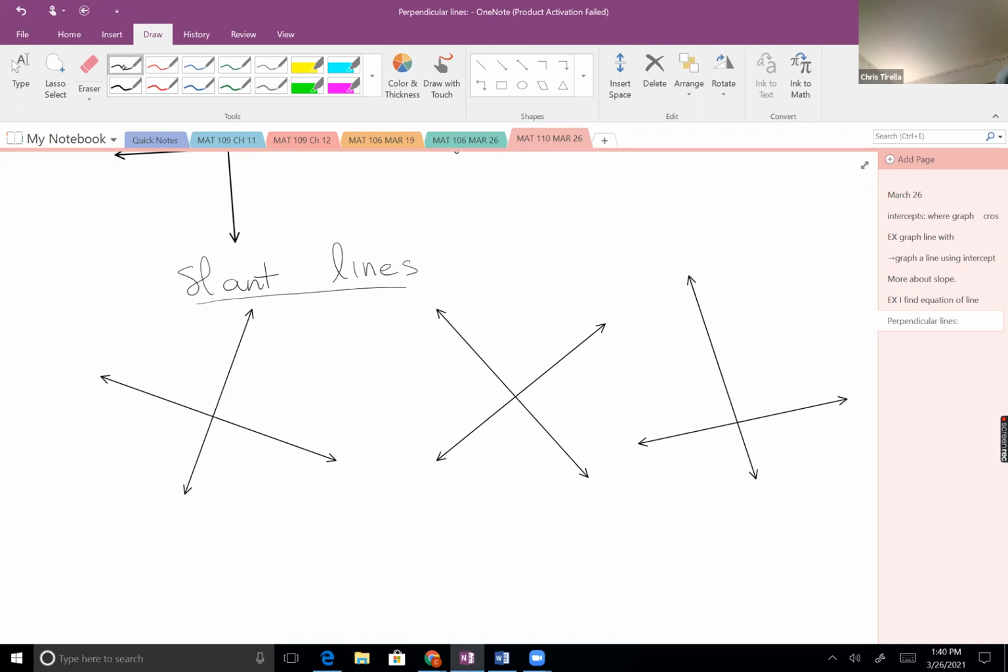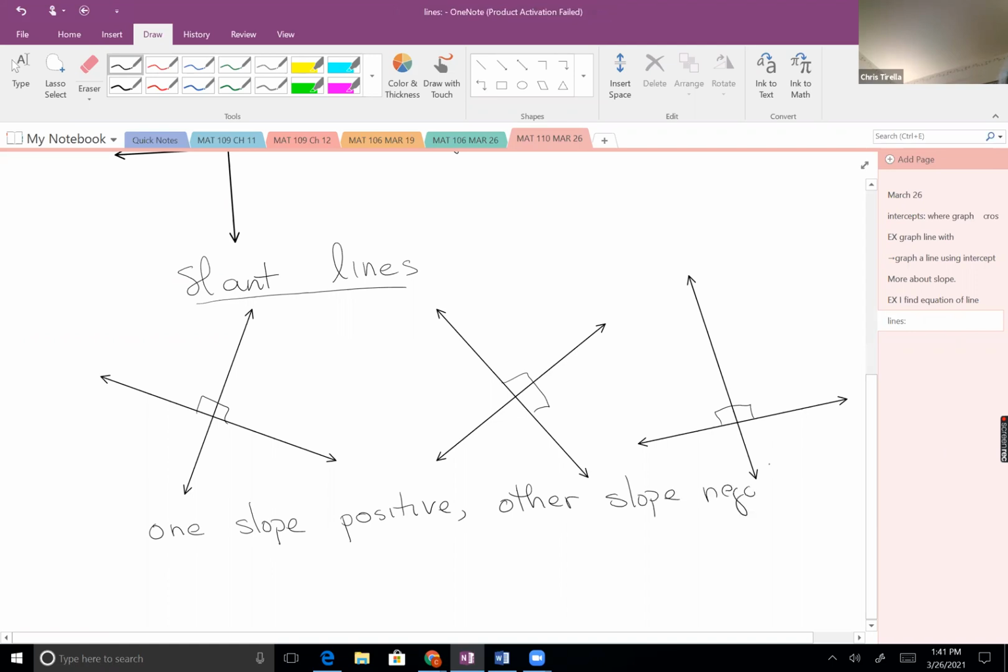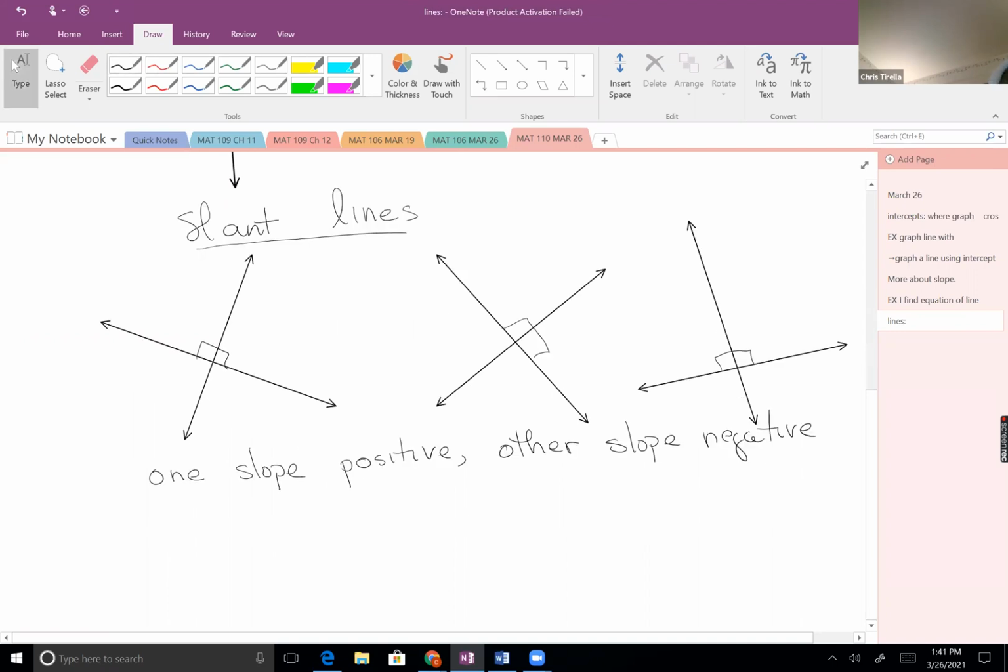As I look at all three of those, do you notice that with those pairs of perpendicular lines, one has a positive slope and the other slope is negative? And as I compare them, do you notice that as one of the lines gets steeper, the other line gets less steep?